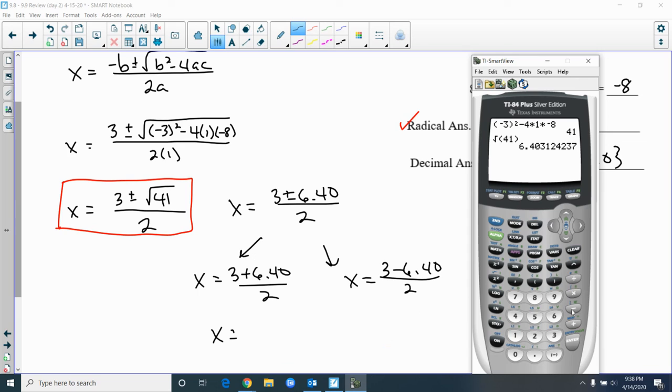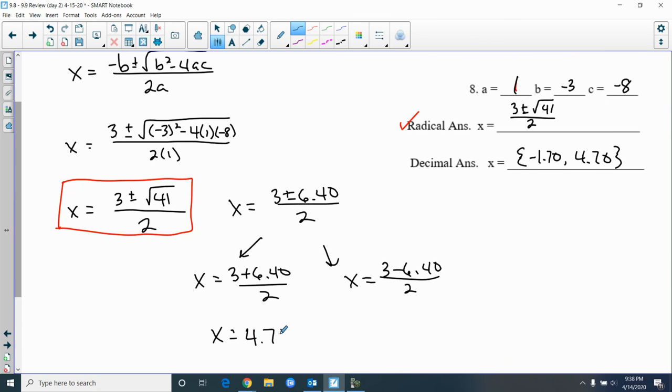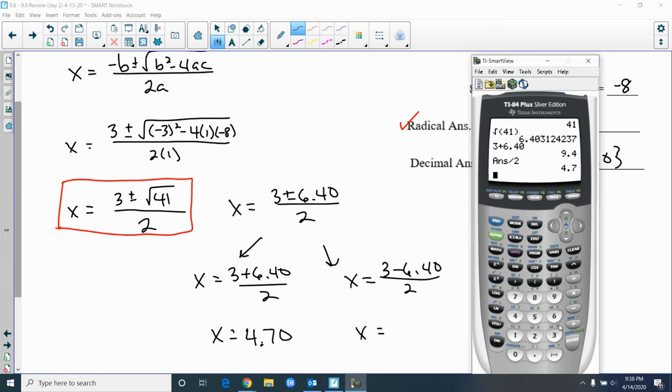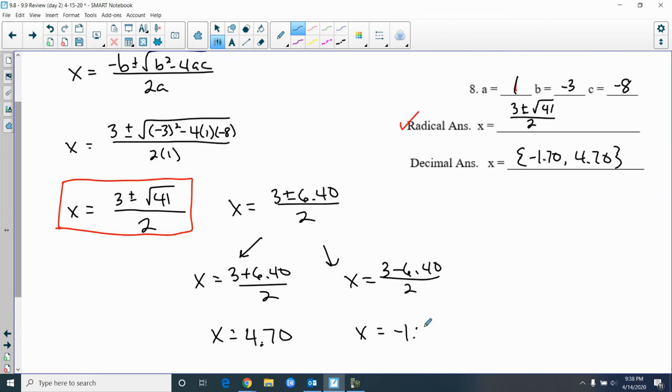And now 3 plus 6.40. Make sure you hit equals, divided by 2. That's where we get the 4.7, and you can make it 4.70 either way. And then 3 minus 6.40 equals negative 3.4 divided by 2, negative 1.7.